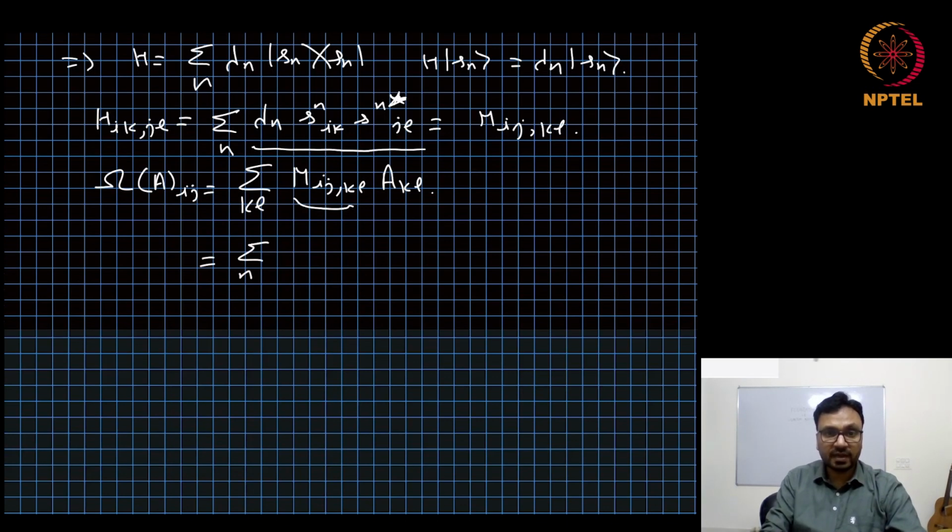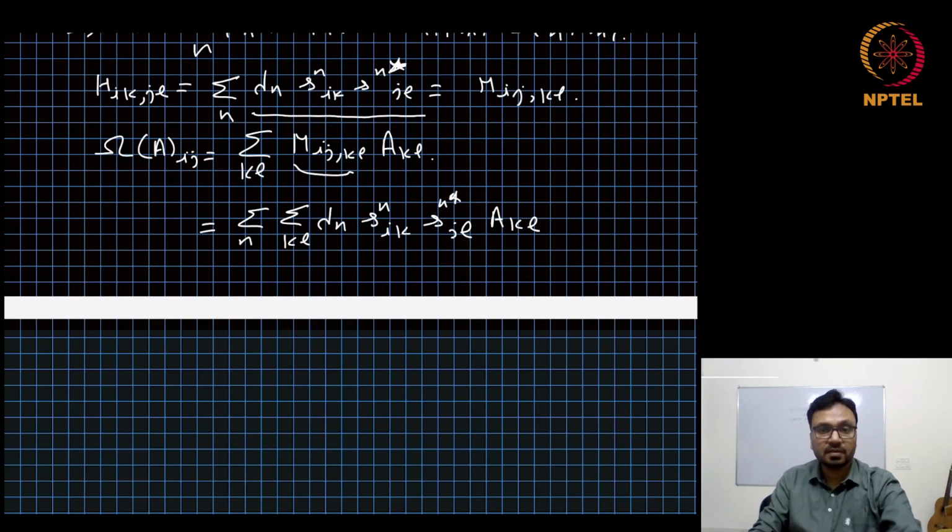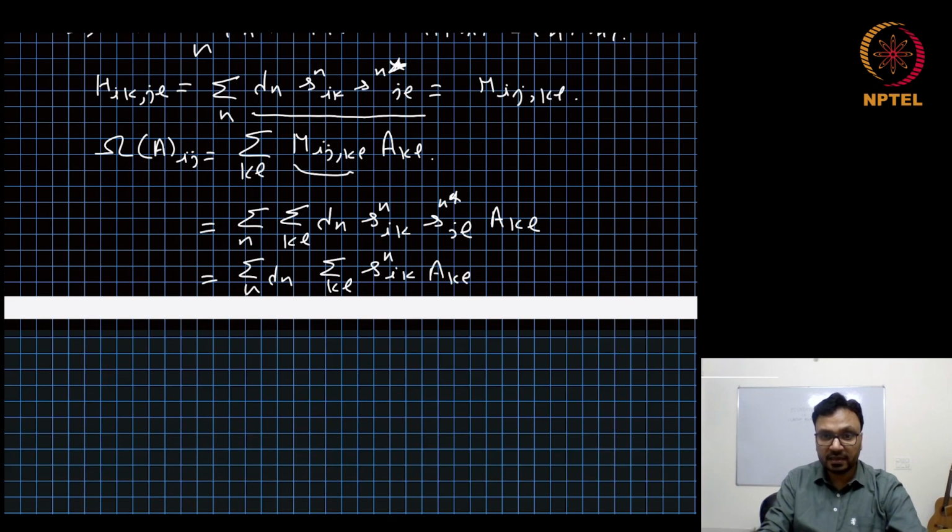That will be sum over n, sum over kl, lambda n S n ik S n star jl A kl. This can be simplified further by sum over kl. Lambda n we have taken out. It is S n ik A kl S n dagger lj.